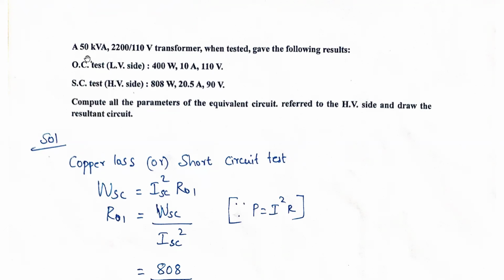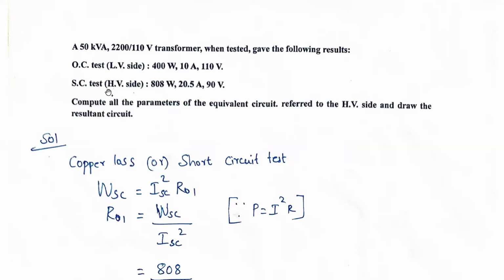Take down this problem. A 50 kVA, 2200/110 volts transformer. That means the primary side is 2200 volts and the secondary side is 110 volts. When tested, it gave the following results. In the OC test, on the LV side: 400 watts, 10 amperes, 110 volts.